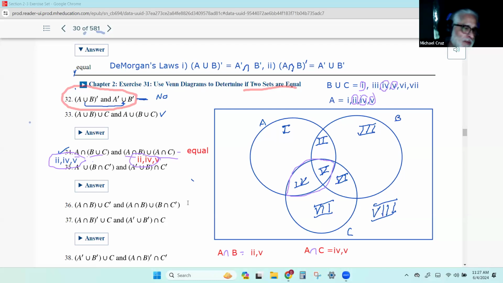Sometimes you can use De Morgan's law to do equality. Sometimes handle it like this. And like I said, that's the best way I know, is to use those Roman numerals. They're not elements, but it just puts one element in each one of the regions. And so when you go ahead and find the regions that account for whatever set operation you're doing, then you know what regions it represents.